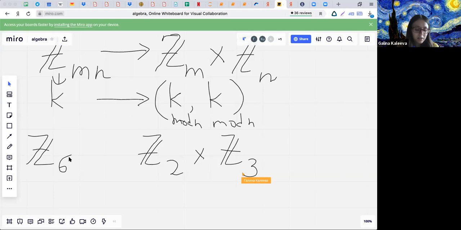So I take 1 here and map it into, for example, (q, l). Okay, and then I know the whole image, all the images of elements in Z6. But actually, I have to check the orders of these elements q and l.